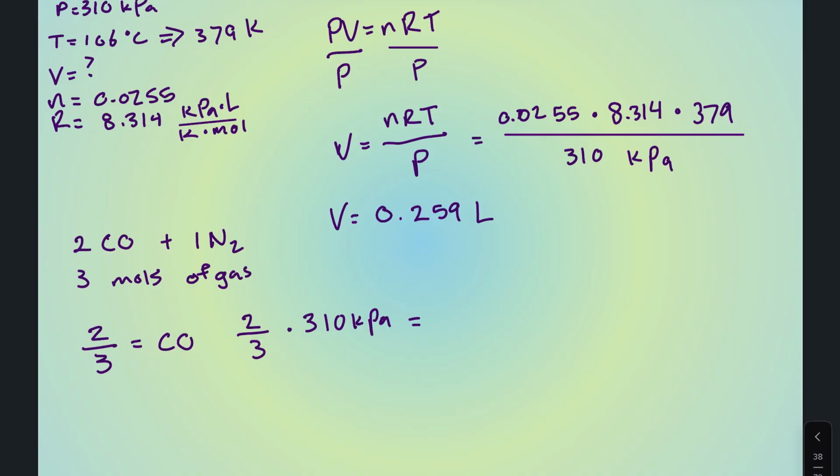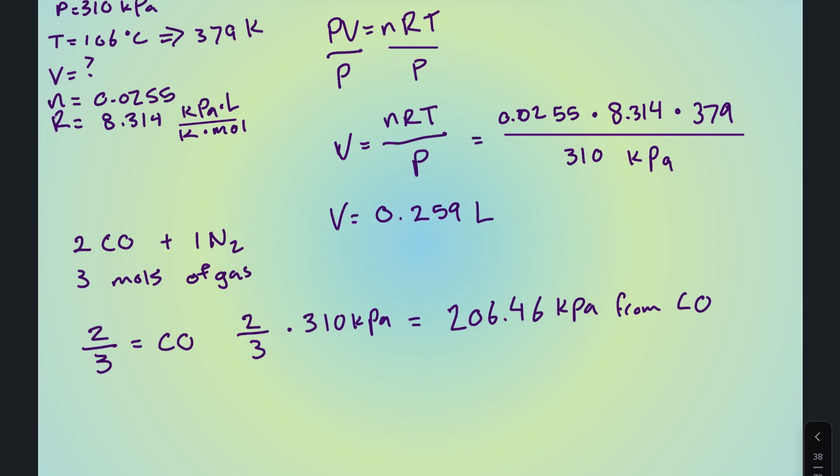So that's the P total times the mole fraction of CO, which is 310 times 0.666, which gives us 206.46 kPa from CO.